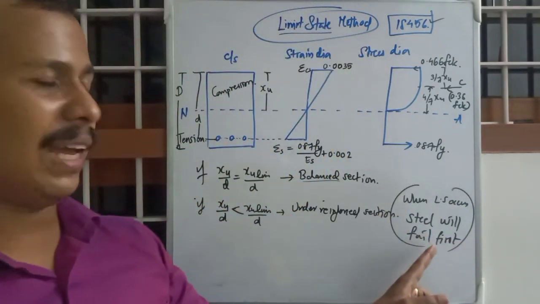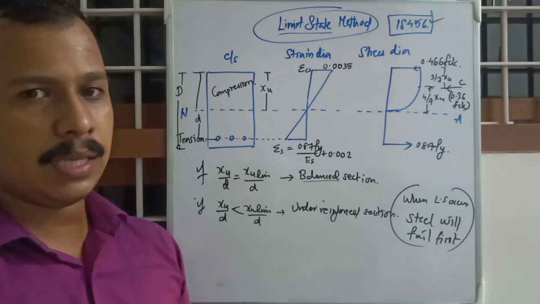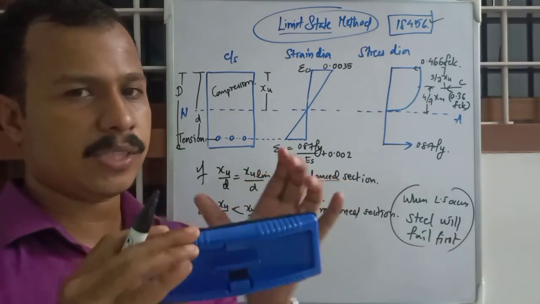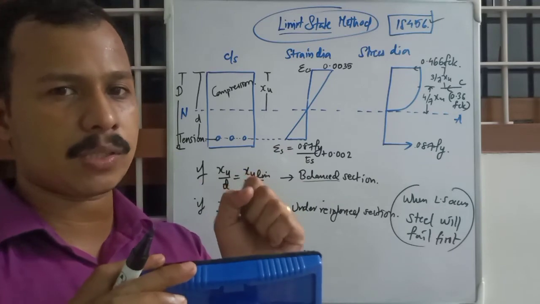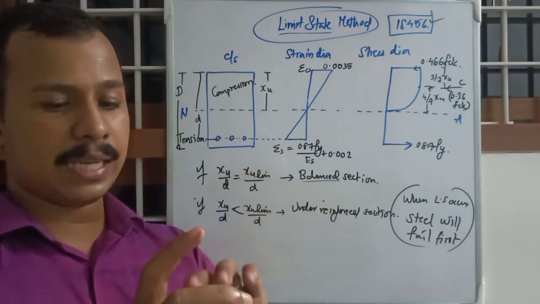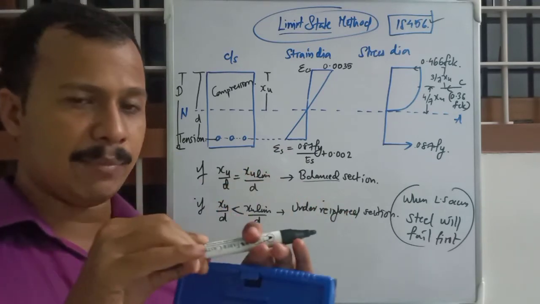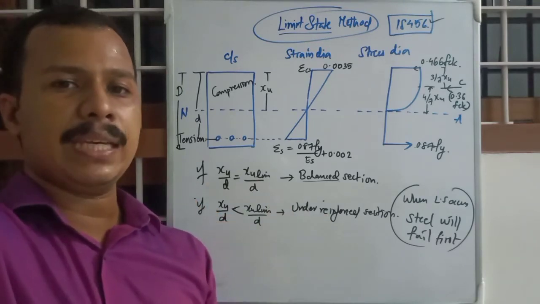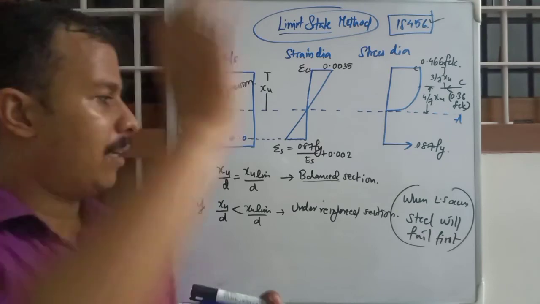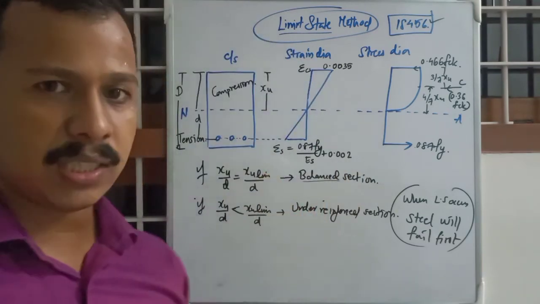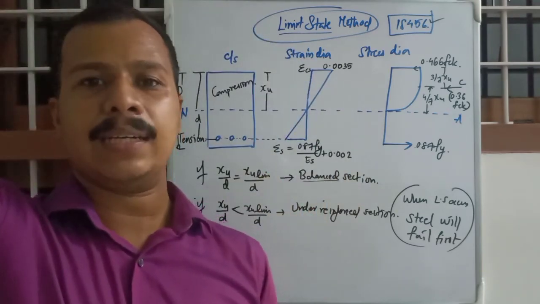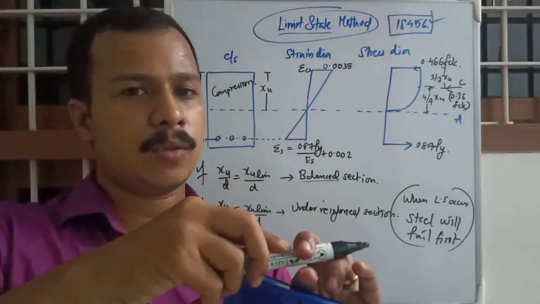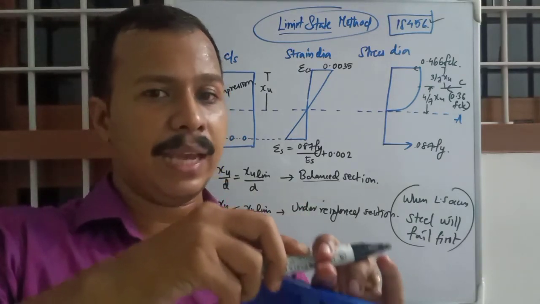Actually, that is an advantage because, as I said earlier, concrete is like a chalk. It will just crush in a moment's notice. But steel is a ductile material, it will elongate. So if a beam above me is failing and it is an under reinforced section, it will show deflection for quite some time and then fail.